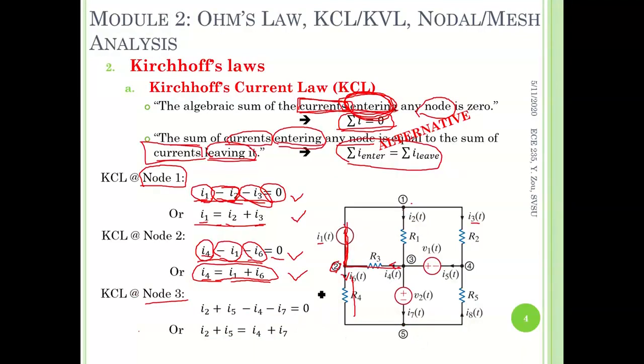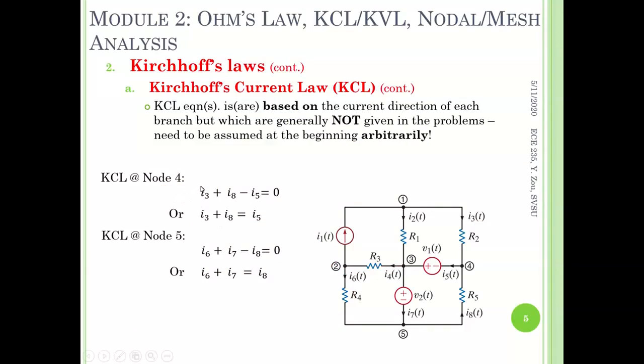So you are seeing two different ways to write the same equation, always. Of course, I can tell you that my personal preference is the second way. I feel separating the entering current and leaving current is a more comfortable way to understand the circuit, but it's fine. Anyway, it's the same equation, as you know.